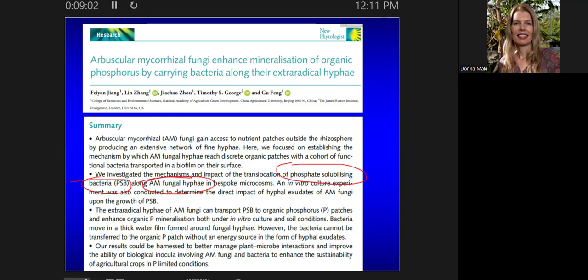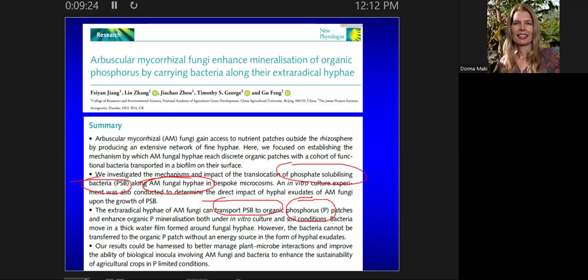So this was a controlled study, and they were looking at what's going on. And it said the hyphae can transport the bacteria to the patches of phosphorus, and then their actions allow them to break it down.